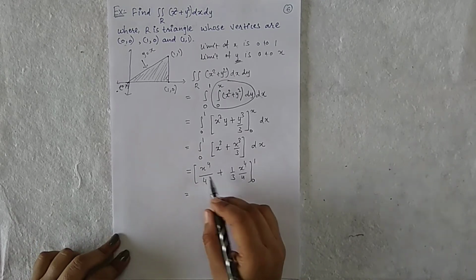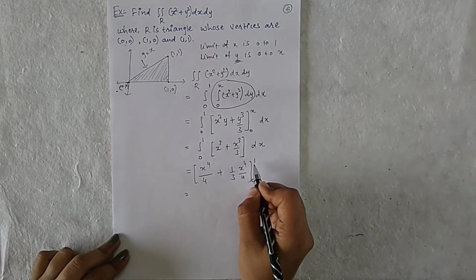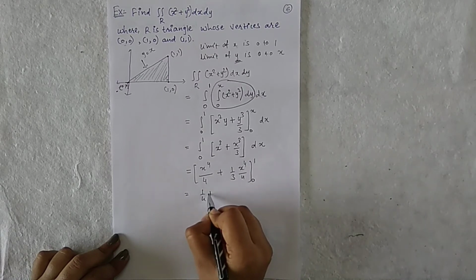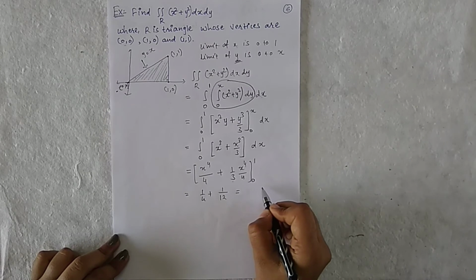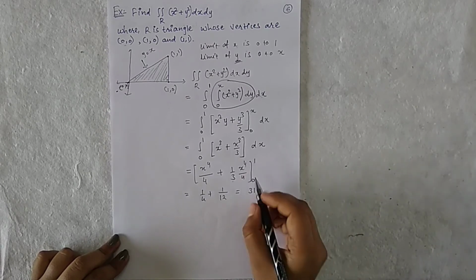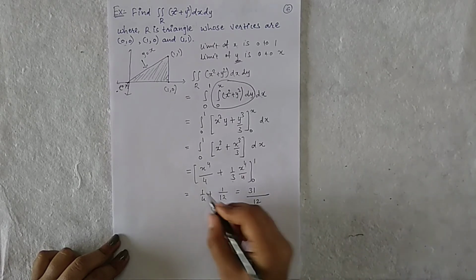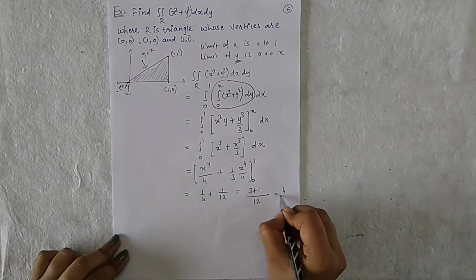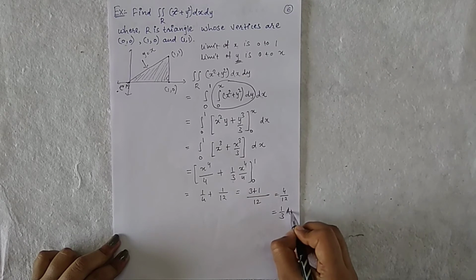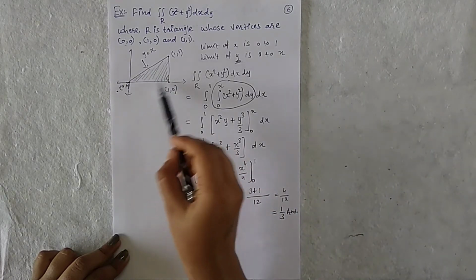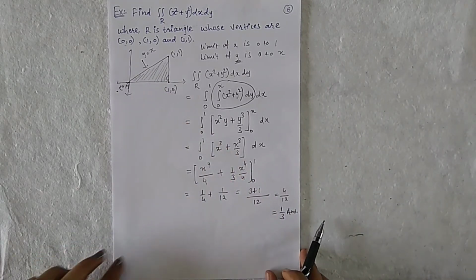So here put x is equal to 1. So 1 by 4 plus 1 by 12. LCM is 12, and here 3 plus 1 is equal to 4 by 12, and is equal to 1 by 3, which is the answer.